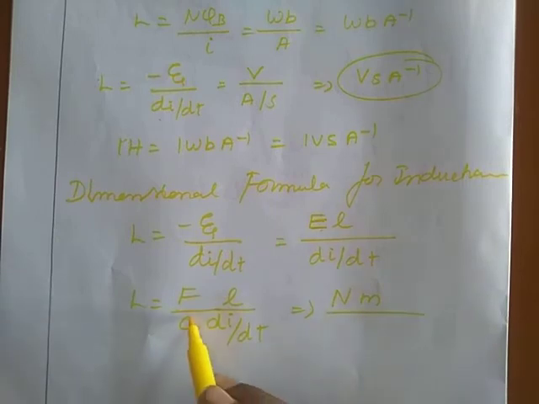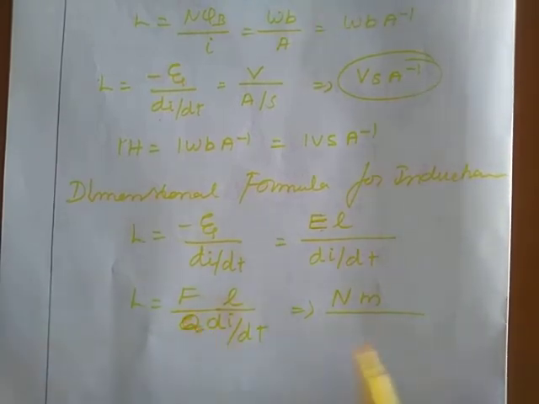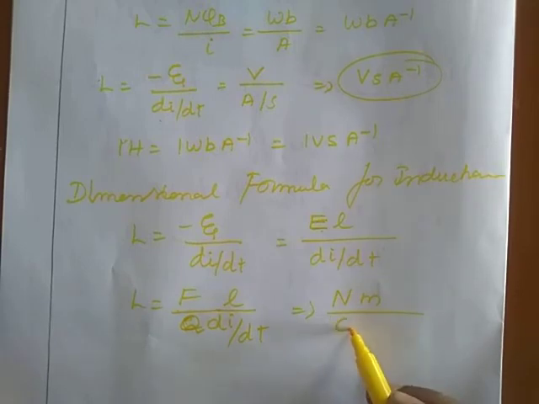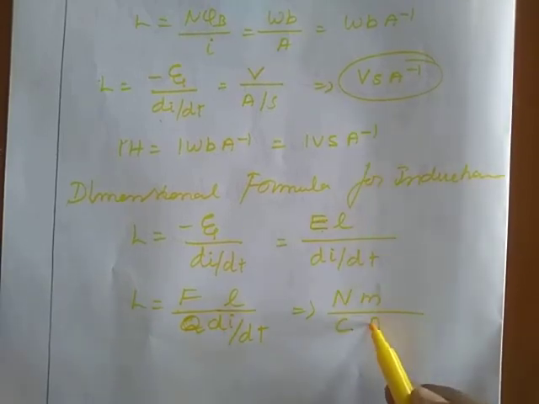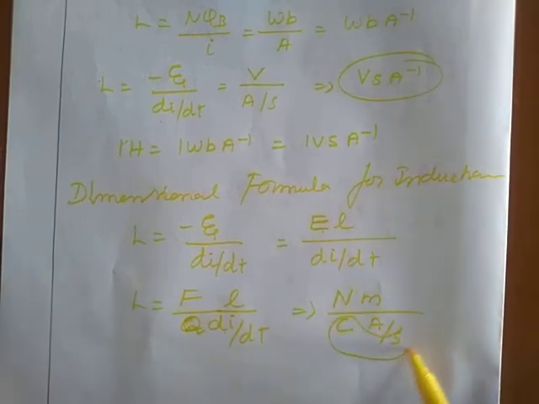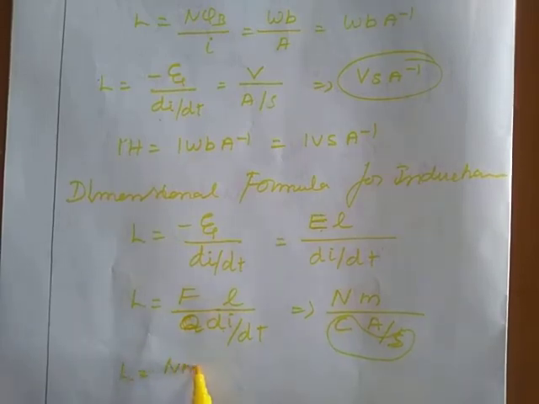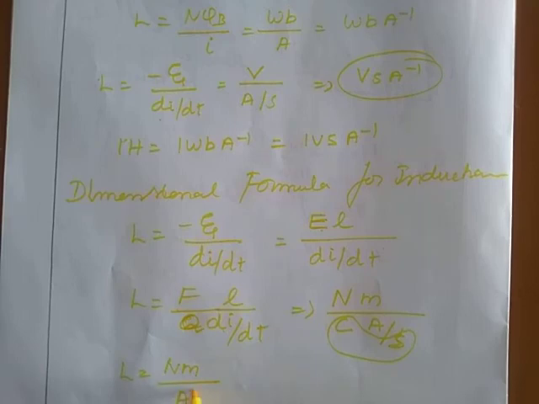The unit of charge is coulomb. The unit of current is ampere. The unit of time is second. Here coulomb by second gives ampere. Then L is equal to Newton meter by ampere square.